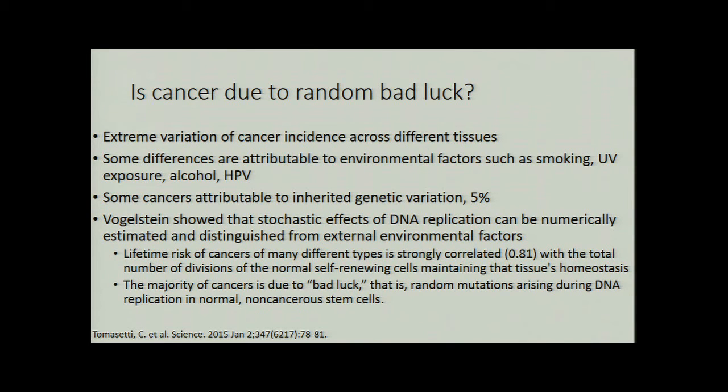He demonstrated that the lifetime risk of cancers of many different tissue types was strongly correlated with the total number of divisions of normal self-renewing cells maintaining that tissue's homeostasis. And therefore, he concluded that the majority of cancers is due to, quote, bad luck, that is, random mutations that are occurring during DNA replication in normal non-cancerous stem cells.